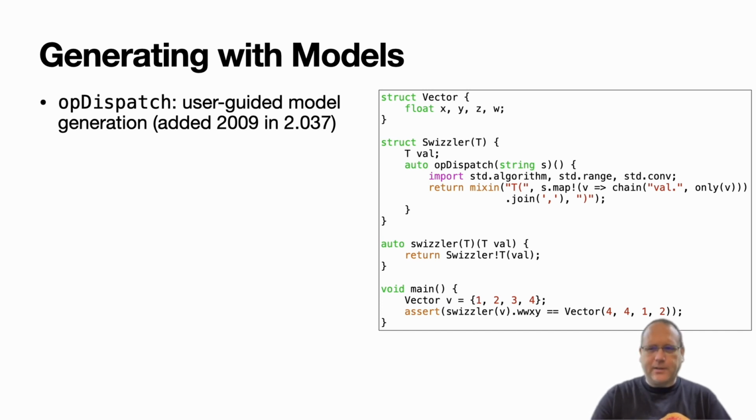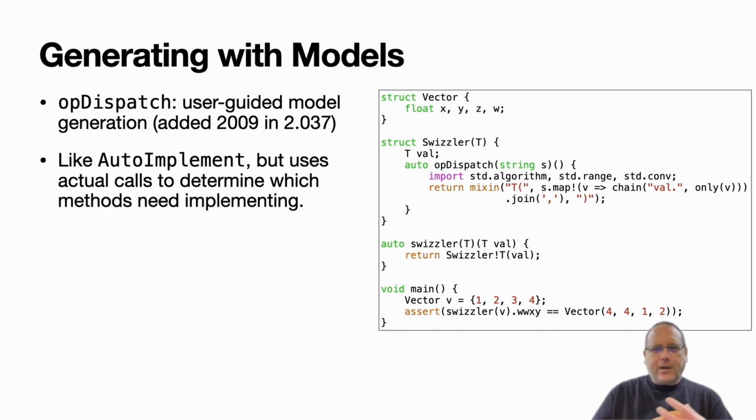If you look up swizzling, you can see what that's for. It's basically changing around which fields go where, so you can swap the X and the Y, or in this case I'm doing W twice. This was an example I saw on Wikipedia. It's like auto implement, but it uses actual calls to determine which methods need implementing.